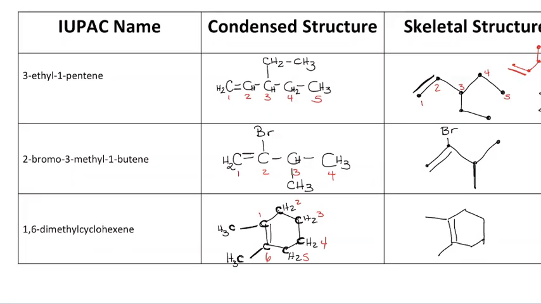Now, just like Marisol was pointing out, but wait, that name is not correct. The name of this molecule correctly will be what she just mentioned. Wait a minute, no, it's not 1 and 6. It is actually 1, 2 dimethyl cyclohexene.